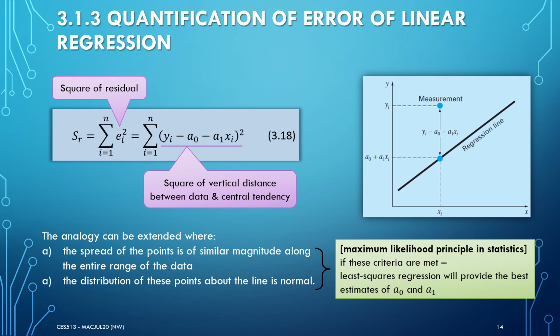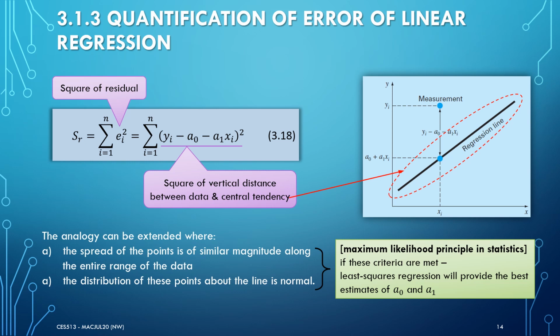Okay, now we continue with the quantification of error of linear regression. In equation 3.18, shown in the slide, the square of the residue represents the square of the vertical distance between the data and another measure of central tendency, which is the straight line shown in the figure.